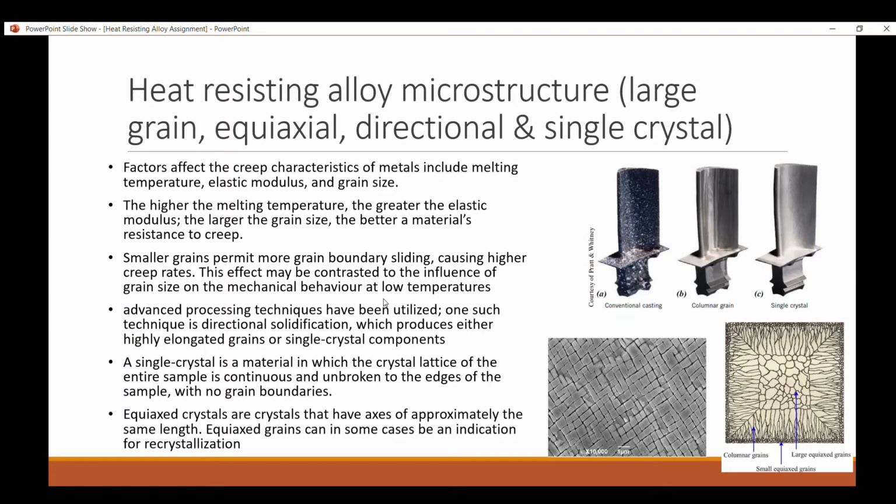Advanced processing techniques have also been utilized, and an example of this technique is directional solidification, which is this process. This process produces highly elongated grains or single crystal components, which is this image.